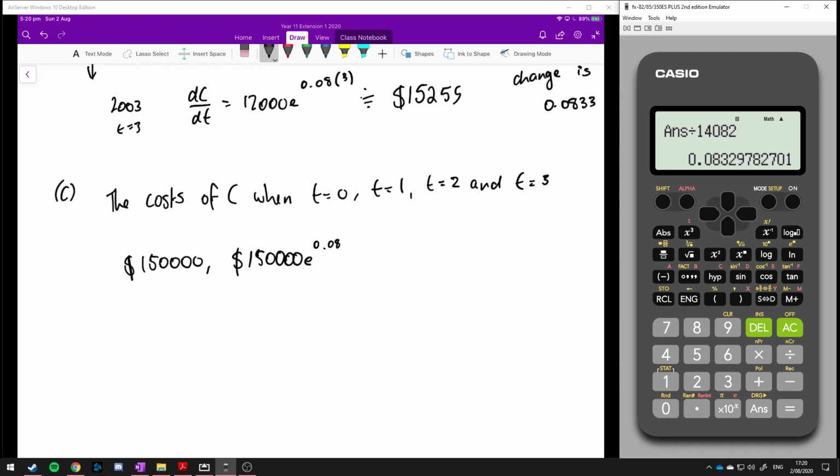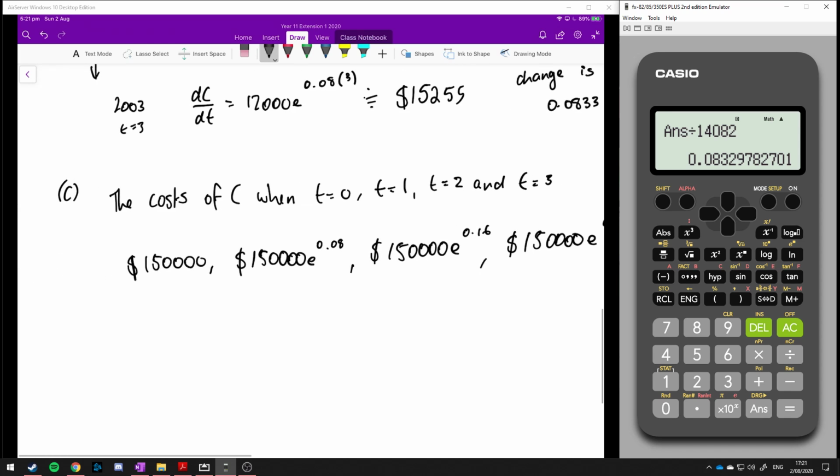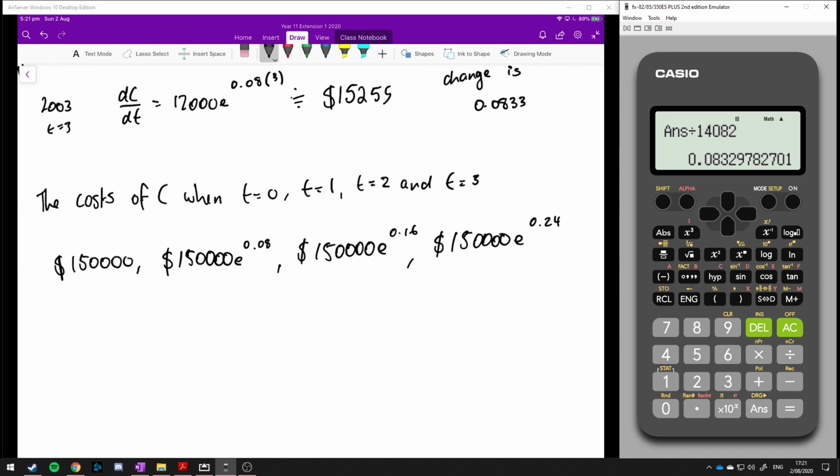This is the second one, so it's just 1 times 0.08. This is the third one, and the fourth one is e to the 0.24. So those are the 4 values. So that's t is equal to 0, 1, 2, and 3.